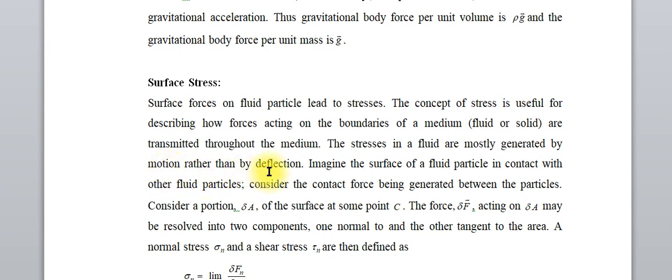So there will be no deflection in fluids; deflection occurs in solids. In fluids, stresses are mostly generated by motion, and while the fluid is moving, the viscosity resists the flow, and at the same time you will see that the stresses develop.